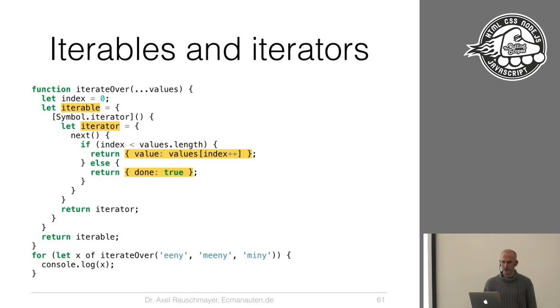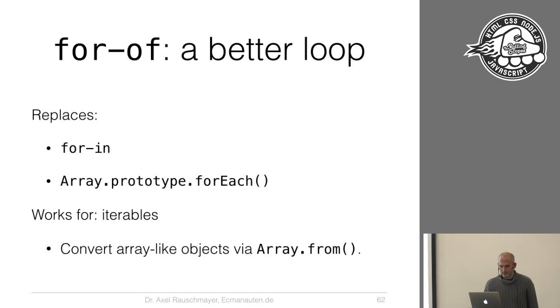So there are a lot of nice tool functions you can write like that. The for-of loop replaces for-in, which is very problematic, so if you can, don't use it. It also replaces forEach, which is not as fast. I still like it, but for-of is a better alternative.